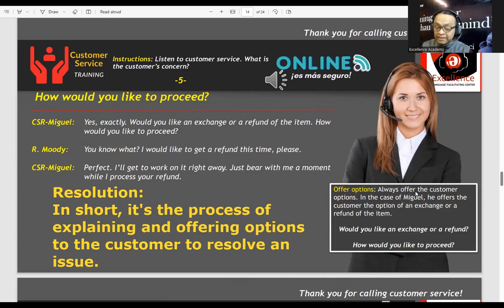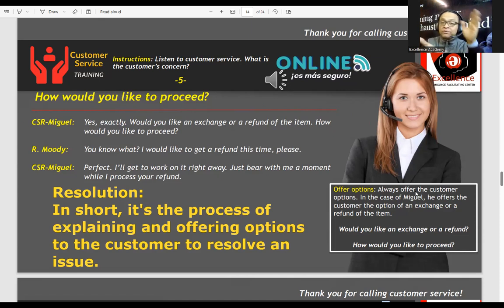The agent explained that it was reported lost, and then offered different options available to the customer to resolve the issue. In this case, the options were to exchange or send the same item again, or to receive the refund, to have the money returned to the customer. So those were the options that the agent put on the table to resolve the issue.